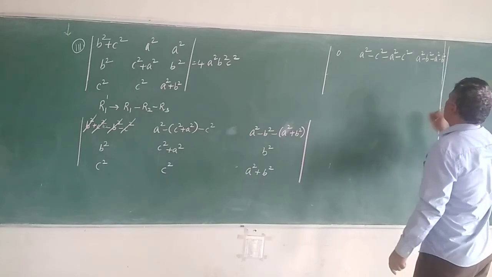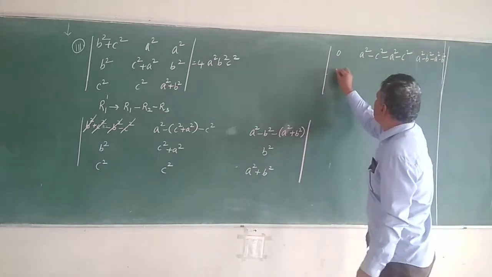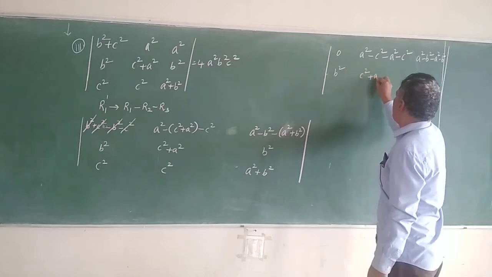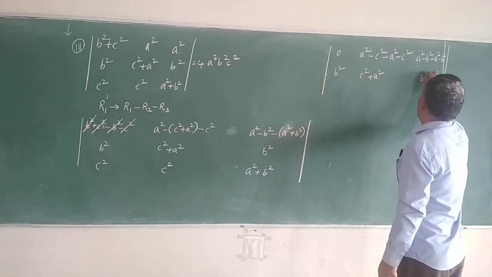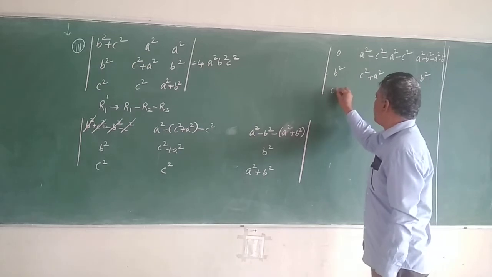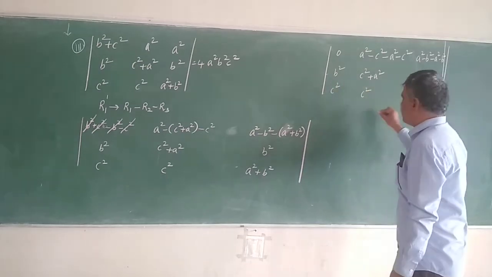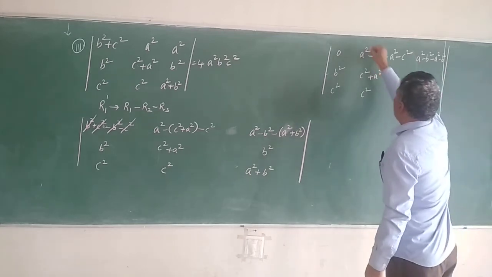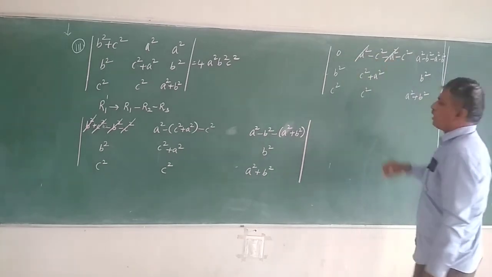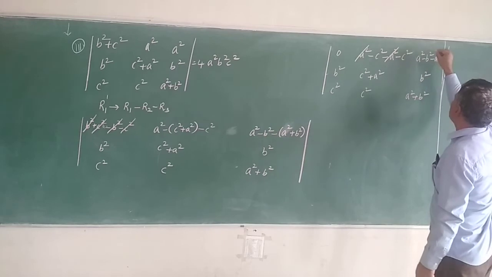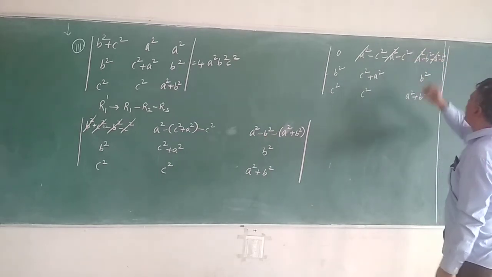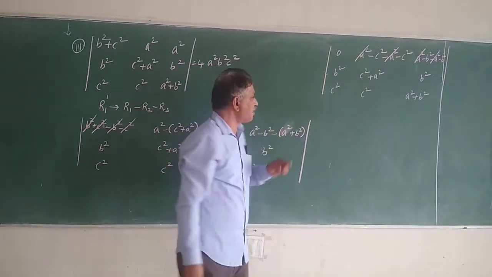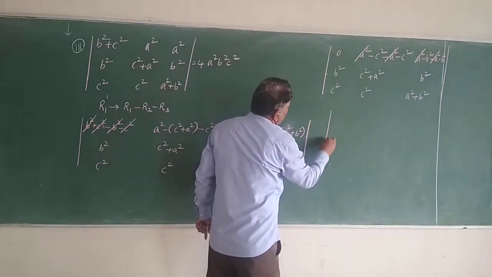I hope you can see up to this. Next, B square, C square plus A square, B square. So C square, A square plus B square. See, A square positive, A square negative, cancel. Same method what we have done for the earlier problem. So I will get 0.